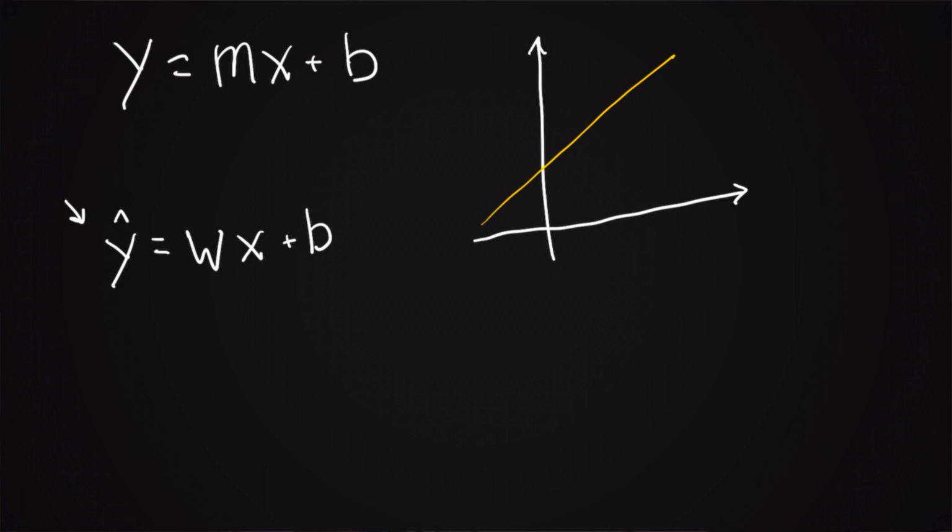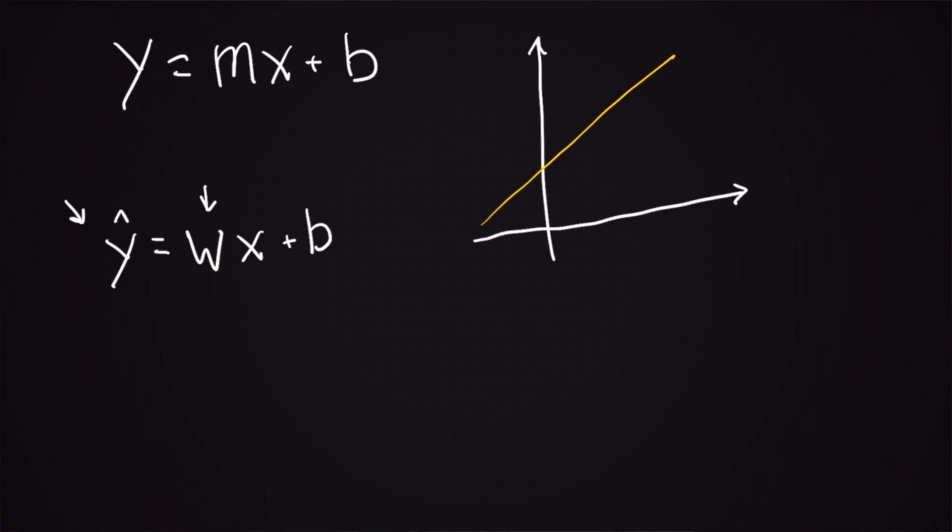Alternatively, you'll see y. That just means it's the actual value for the example, not the prediction from the simple linear regression model. And I changed m to w because now it represents a weight or a parameter that we're trying to find. And then b stays b. It's a bias term, but that's also another parameter that we need to find in our simple linear regression model. And lastly, x is a data point that we're trying to make a prediction for.